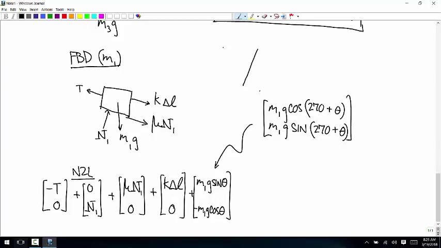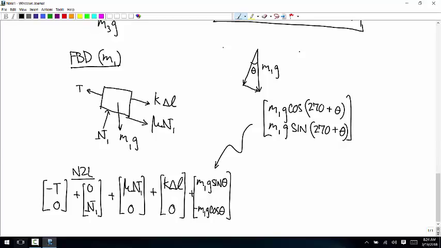So we have the downward force of M1G. These are the two components. This angle's theta.